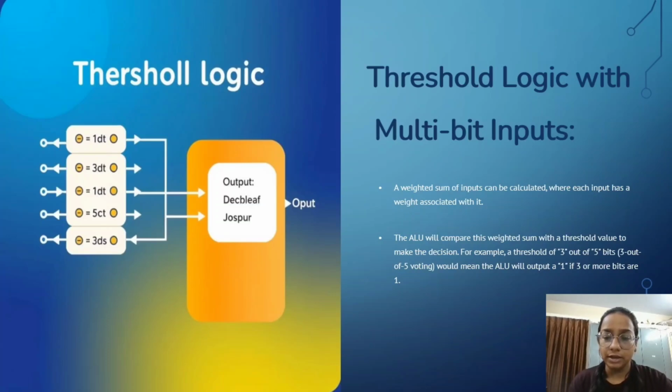The TLU then calculates a weighted sum of their inputs. To make a decision, the weighted sum is compared against a predetermined threshold value. For instance, in a 3 out of 5 voting scenario, the threshold would be 3. The TLU would output 1 only if the sum of active inputs reaches it.